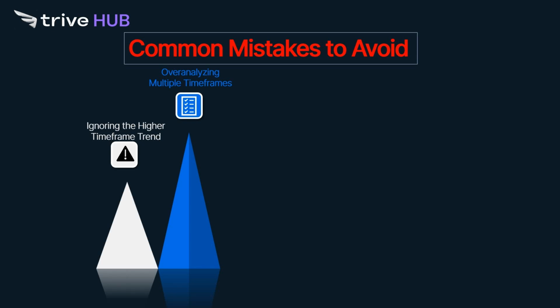Next is over-analyzing multiple time frames. Many traders try to align each and every time frame in their direction, like trying to align 5 to 8 time frames in one single direction, which is very hard. So what you need to do is stick to 2 to 3 major time frames that are going to affect your trade, and just try to align these time frames: the higher time frame, the medium time frame, and the lower time frame, which will be your entry and exit time frame, right?